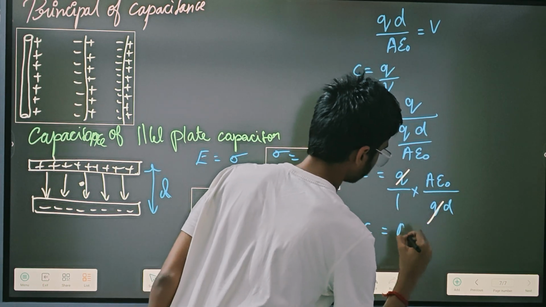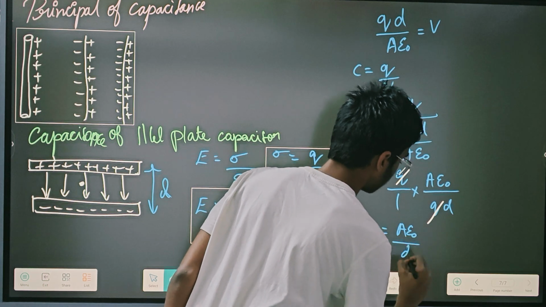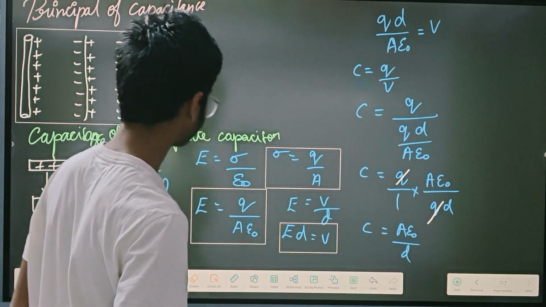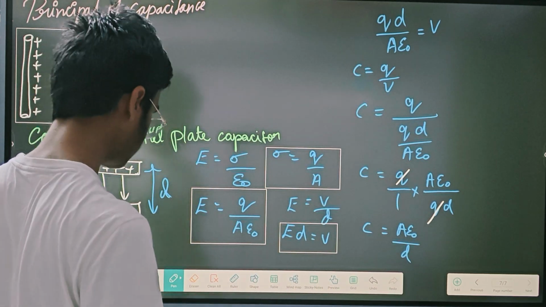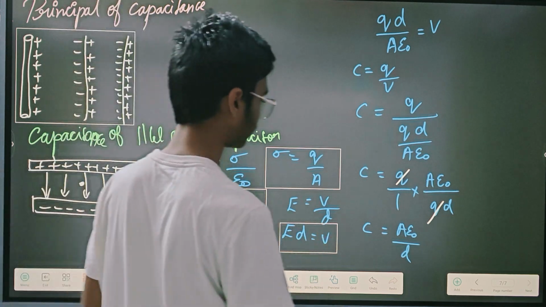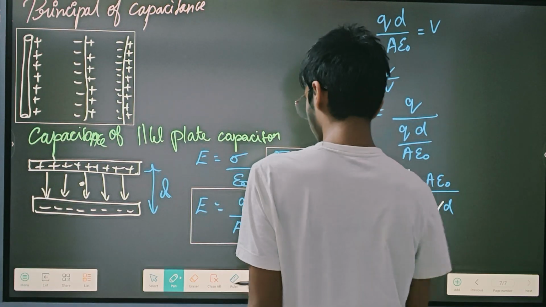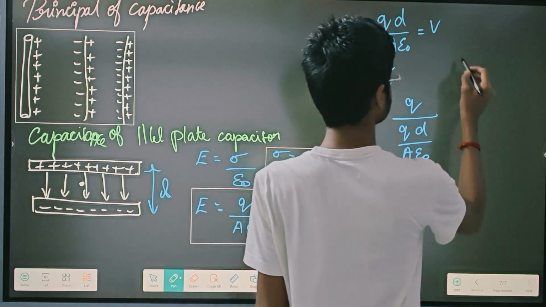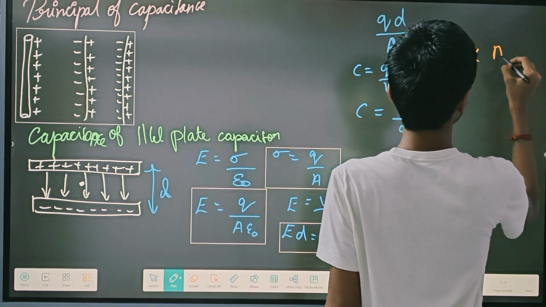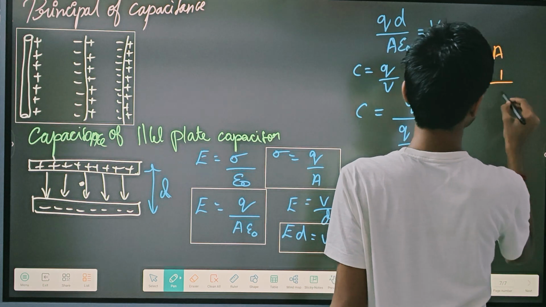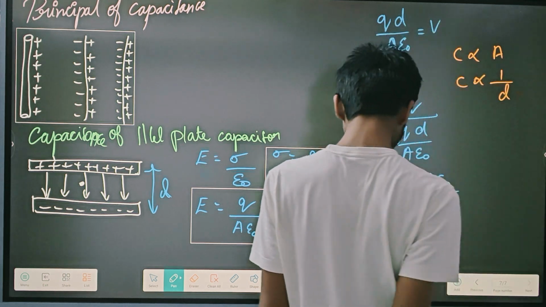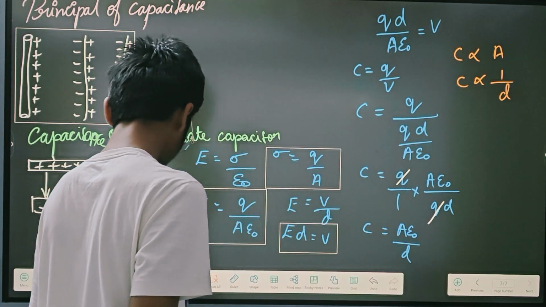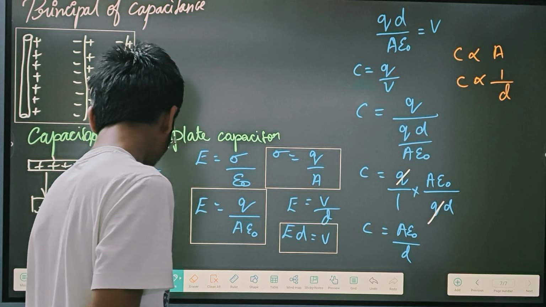At last, C is equal to A epsilon naught by D between two parallel plates. This is the formula. That means C is directly proportional to A, and C is inversely proportional to D. That's it. You have got this.